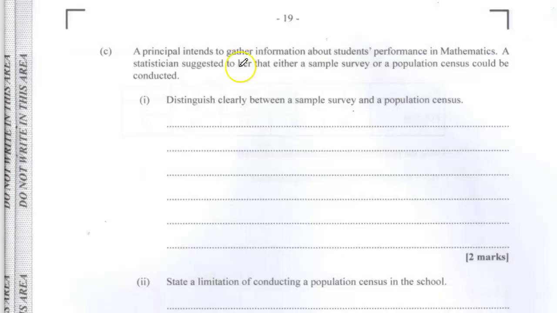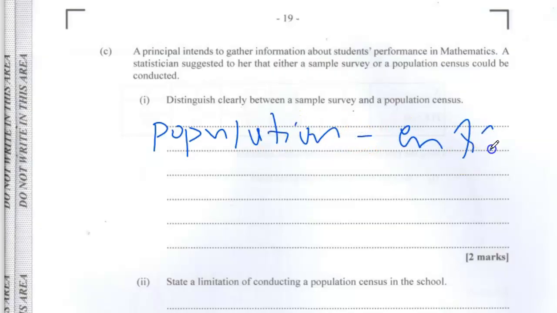So in the context of this situation, the principal wants to collect data about math performance in the school. So the population would be the entire school. A census is done on the entire school.